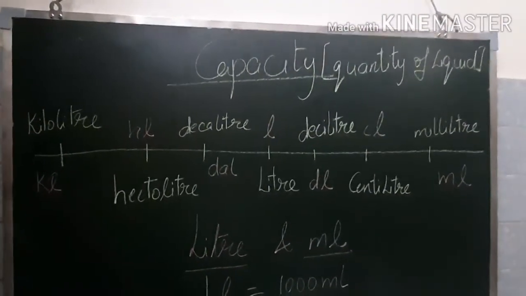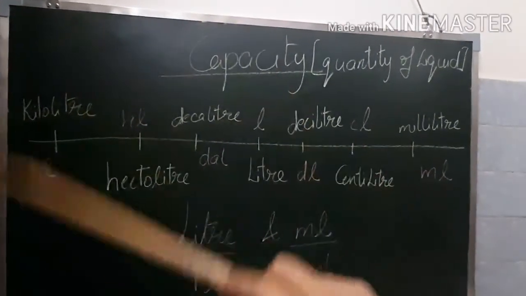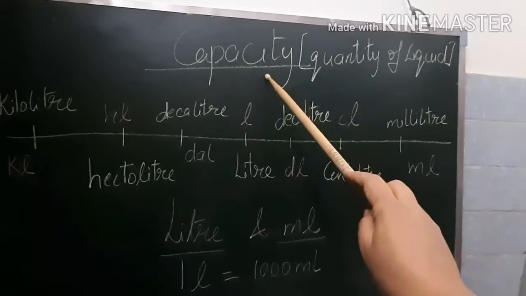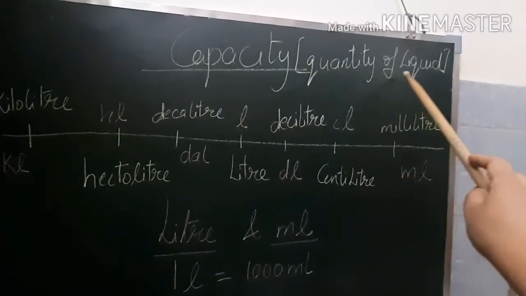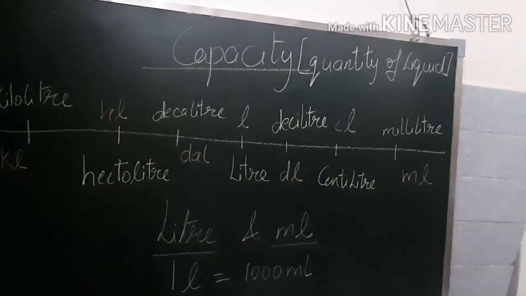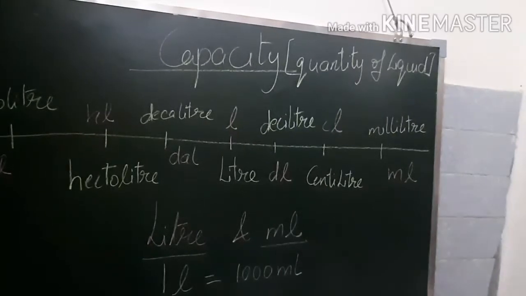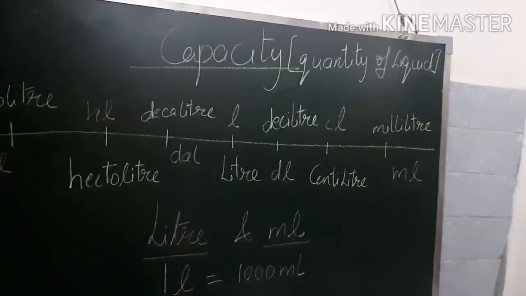Today, to continue with our topic measurement, we are going to learn about capacity. Capacity is used to find the quantity of liquids. In the previous section, we have learned distance between the two places, for which we use meter, kilometer, centimeter.